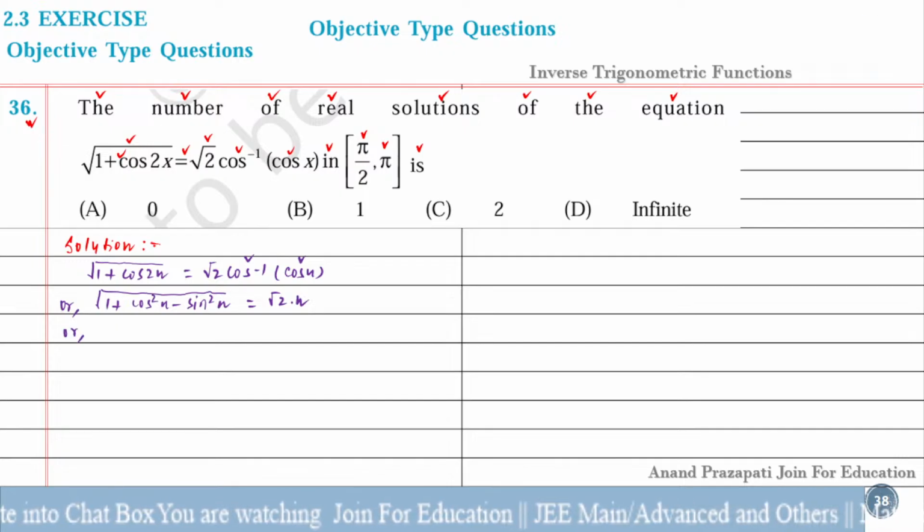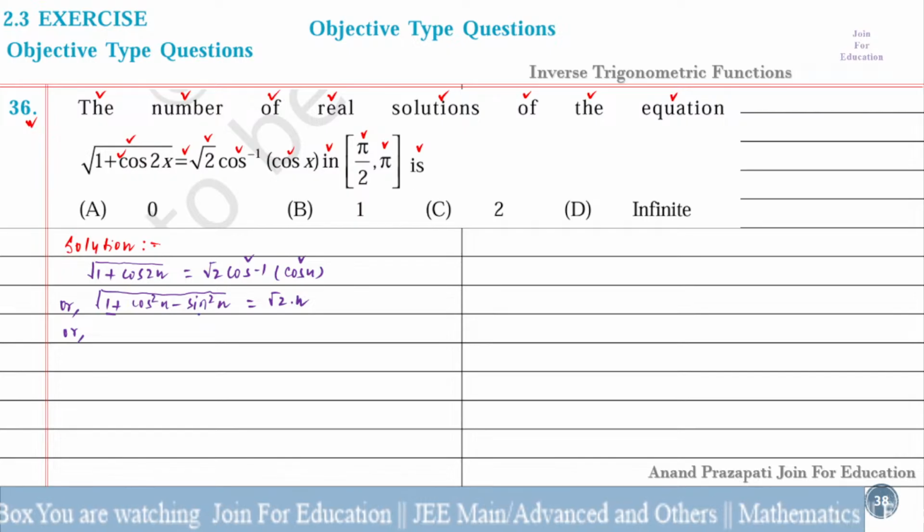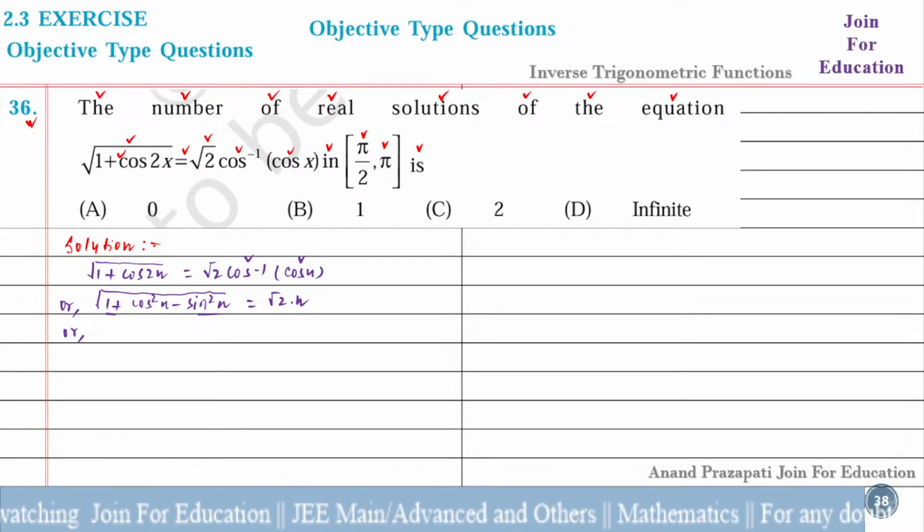So here we know that 1 minus sin square x equal to cos square x.